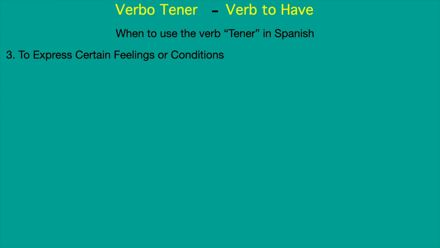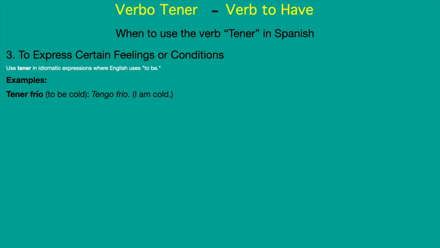Another example of when to use the verb tener is to express some feeling or condition. In English you would use the verb to be, but in Spanish we use the verb tener, like to be cold. I am cold, so we use tener frío. Yo tengo frío. O tú tienes calor.